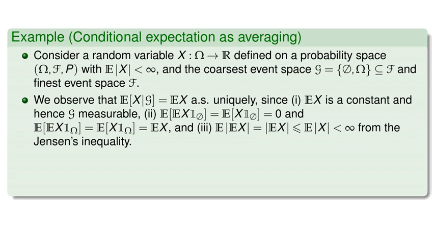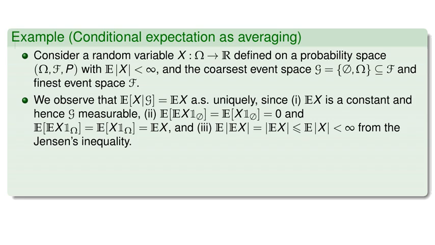Second, the averaging property holds. The expectation of the expectation of X times the indicator of the empty set is 0, which equals the expectation of X times the indicator of the empty set. And the expectation of the expectation of X times the indicator of Omega equals the expectation of X, which equals the expectation of X times the indicator of Omega.